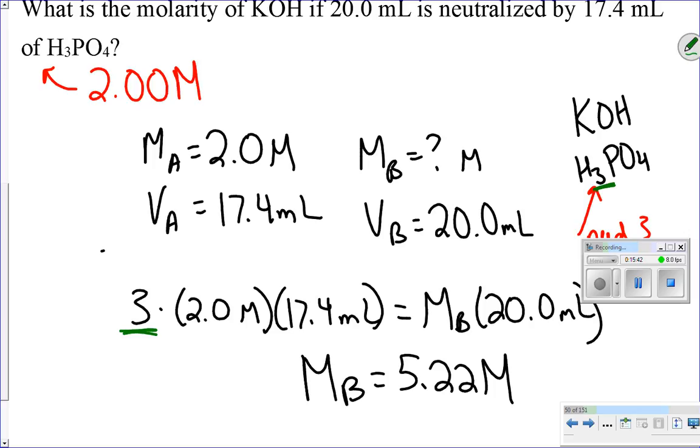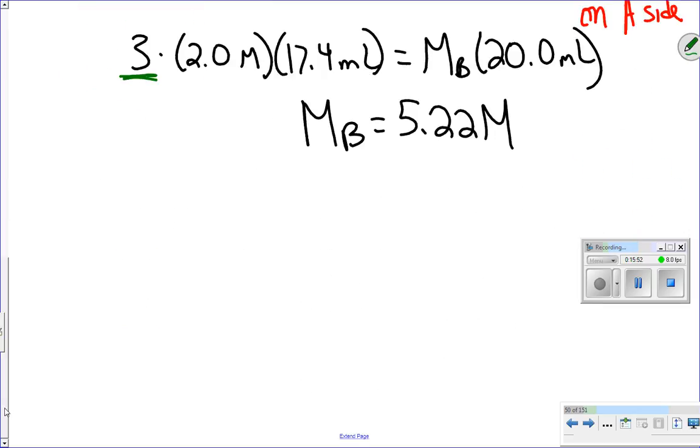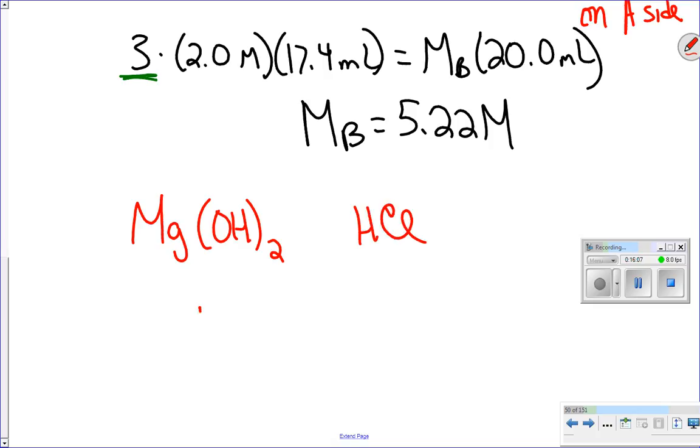If you flip to your titration calculation homework, what is important to keep in mind before you work on these is, whenever you have to deal with a base, for example number 3, the famous Jeremy Thurston problem, you've got Mg(OH)2 and hydrochloric acid.